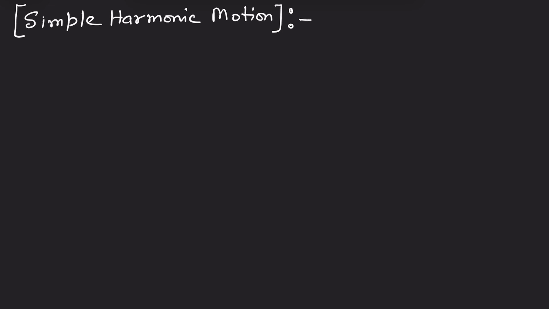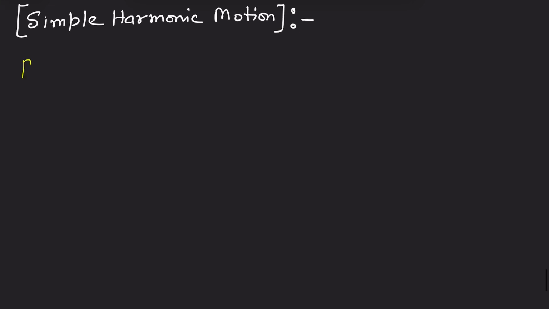The first thing that we have to see is what is periodic motion. We'll go slowly, guys. We'll cover every fundamental definition and the details, and then slowly we will build up this whole chapter.